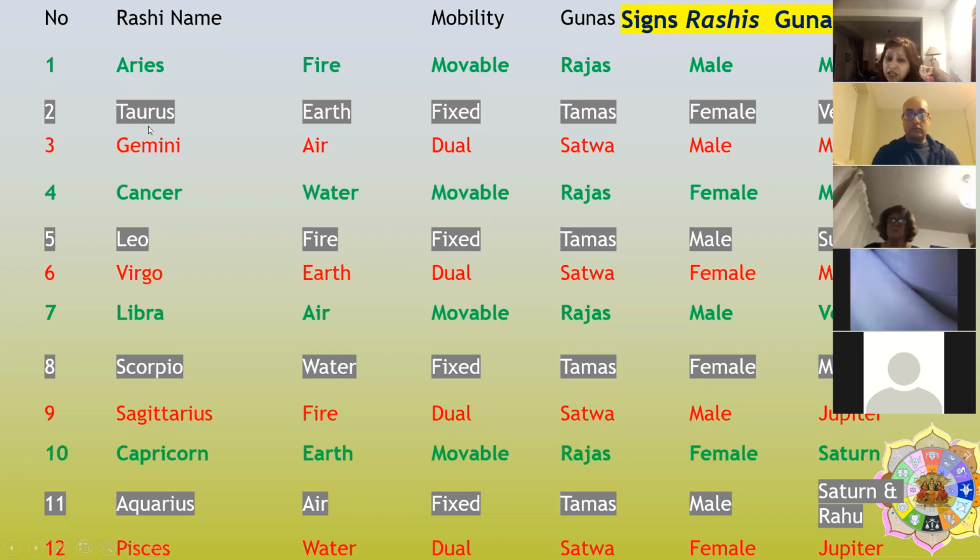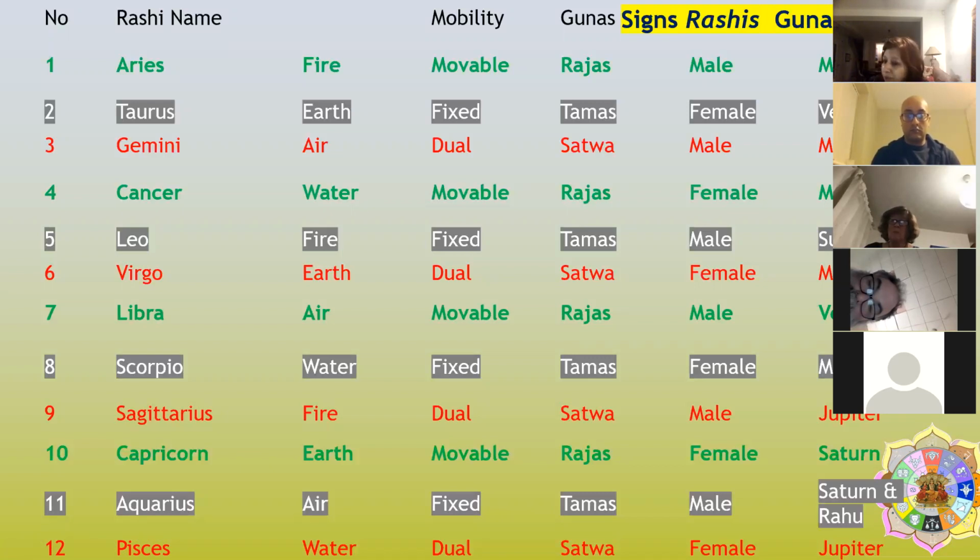Now, of course, we all know Aries, the first sign, is ruled by Mars, Mangal, the ruler. And again, I'm going to make a distinction. Today we are also going to cover the specific colors of the zodiac. Now, please, these are two different things. We already covered the colors for the planets.